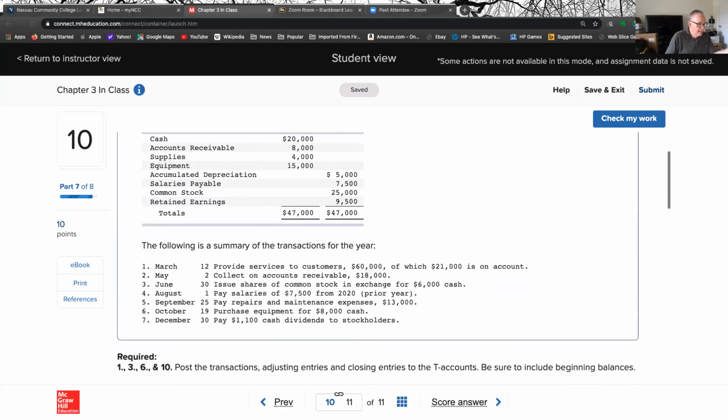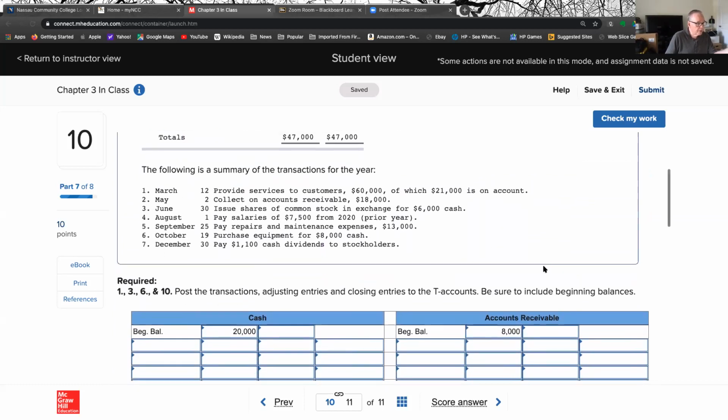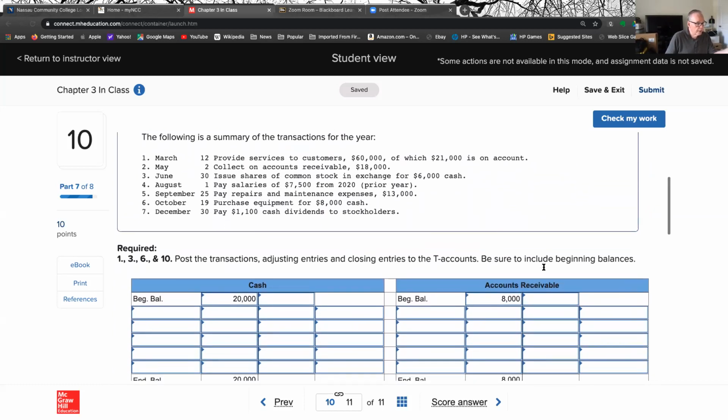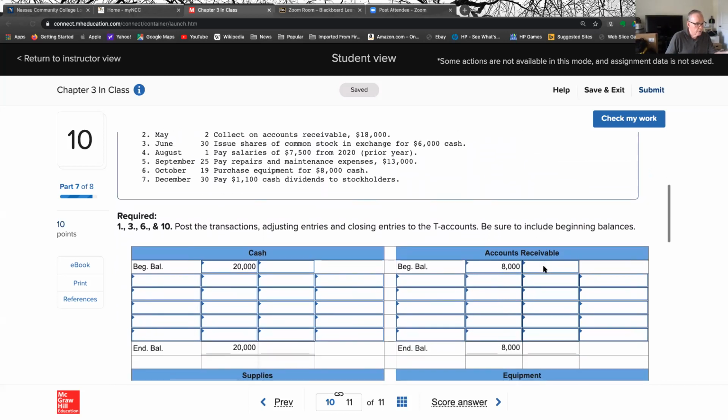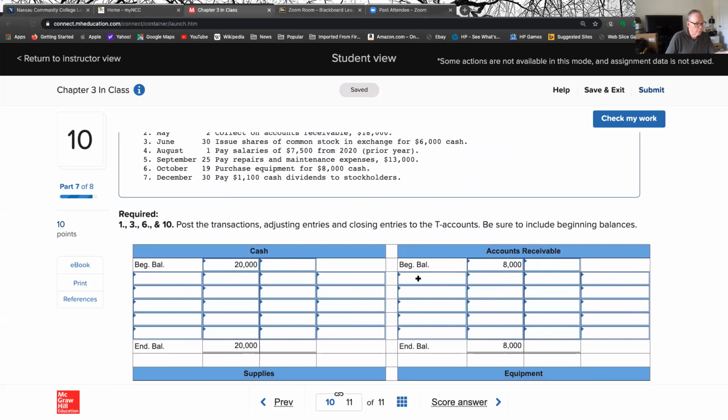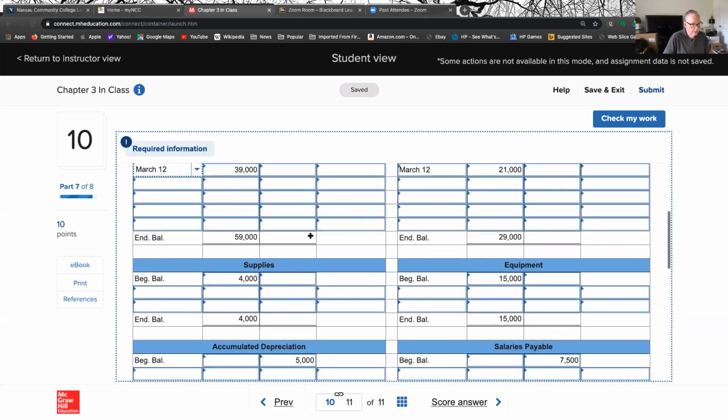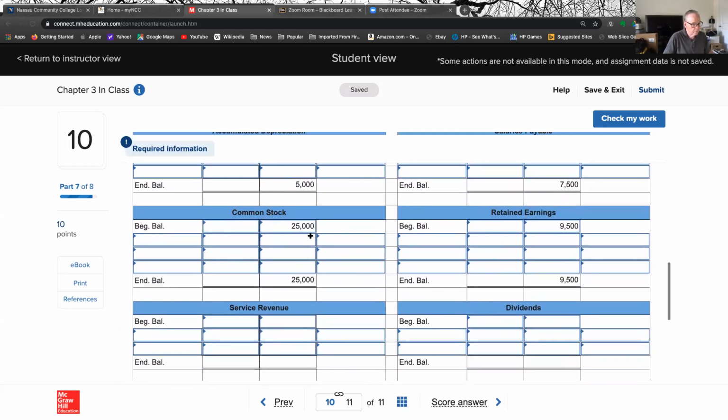So now we made the entries in the journal, and now we're going to take those numbers from the journal entries and put them in the accounts. So March 12th, right? Remember March 12th? That was the debit to accounts receivable of 21,000. The debit to cash of 39,000. And the credit to service revenue.